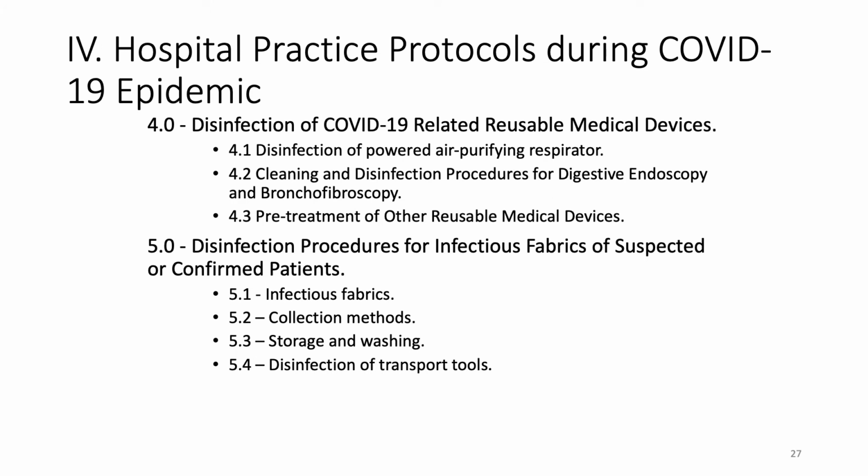So carrying on, 4.0 is disinfection of COVID-19 related reusable medical devices, which is divided into 4.1 disinfection of powered air purifying respirator, 4.2 cleaning and disinfection procedures for digestive, endoscopy and bronchofibroscopy, 4.3 pre-treatment of other reusable medical devices, 5.0 disinfection procedures for infectious fabrics of suspected or confirmed patients, and that's divided into 5.1 infectious fabrics, 5.2 collection methods, 5.3 storage and washing, and 5.4 disinfection of transport tools.